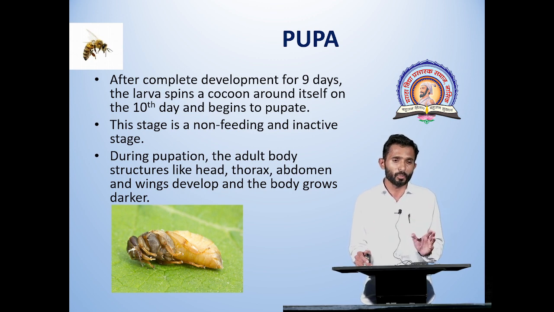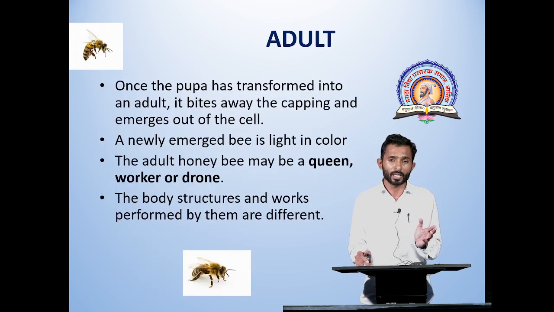In this pupation stage they are totally inactive because they stop feeding. During pupation all the body parts, that means the head, thorax and abdomen, along with the eyes, mouth parts, wings and appendages, continuously develop, and after the metamorphosis is well grown, lastly they attain the last stage, the adult.